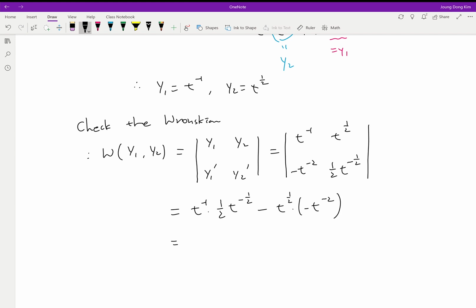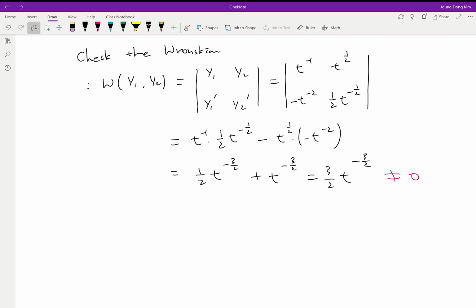Let me write it this way to help you. That is equal to 1/2 t to the minus 3/2 plus t to the minus 3/2, which is equal to 3/2 t to the minus 3/2. In the problem at the beginning, we said your t is positive, so we can simply say your Wronskian is not equal to 0.